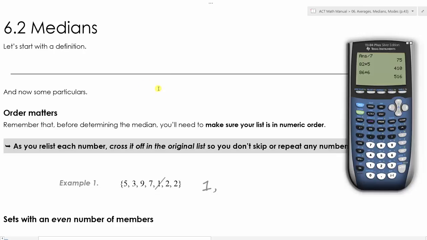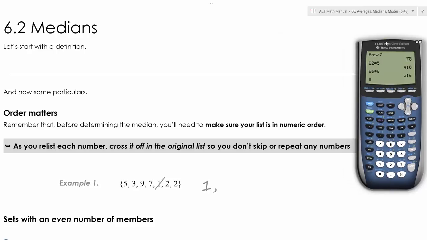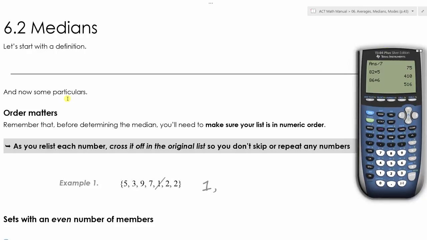Now, medians. Some students are perfectly fine with medians. They know all the definitions and all the calculations, and that's great. I am going to run through these, obviously, for those of you who are a little bit shaky or need some review. So let's start with a definition. The definition of a median is, a lot of students simply say that it is the middle number.